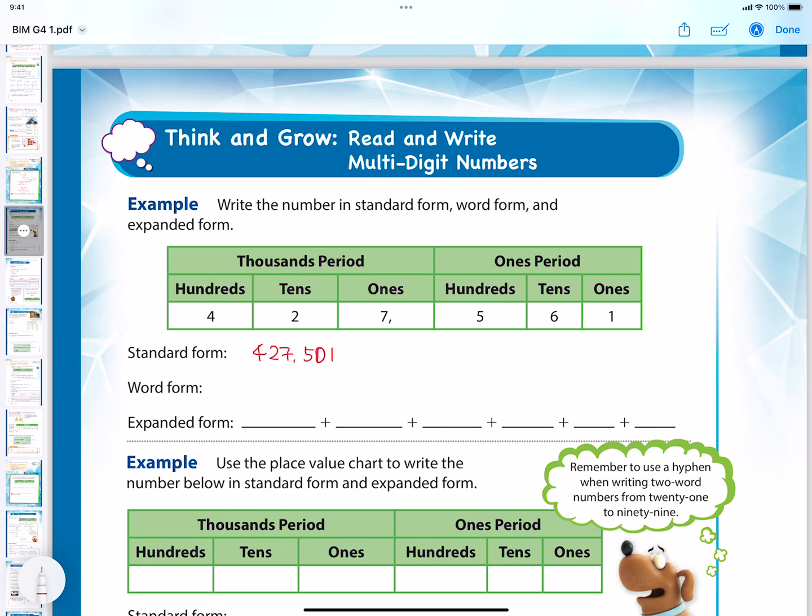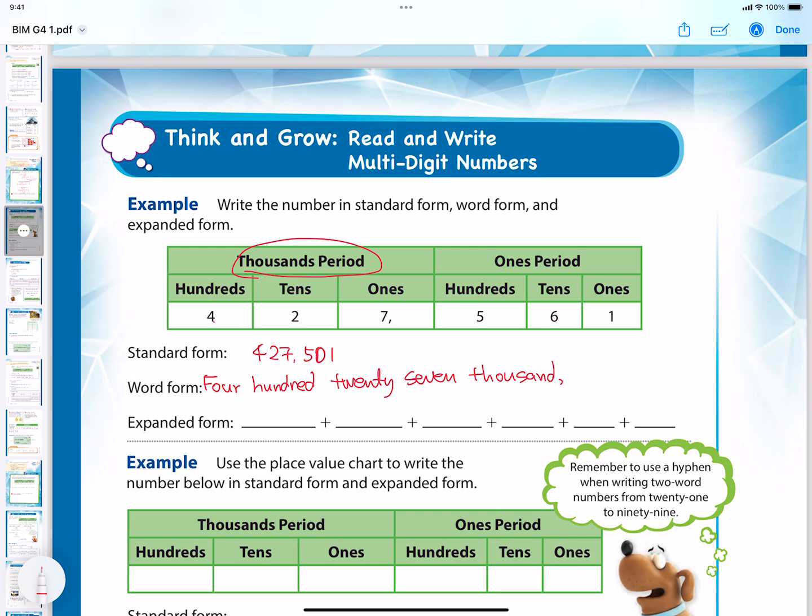All right, in word form, let's see. 427,000. So this 427 is in thousands period, right? So I'm going to write down this first. 427,000. You have to put comma. So you are going to tell them this is the period, thousands period.